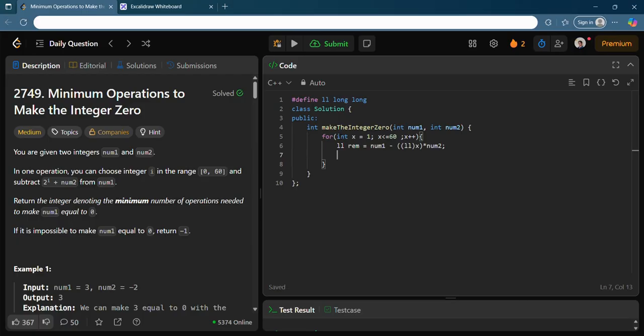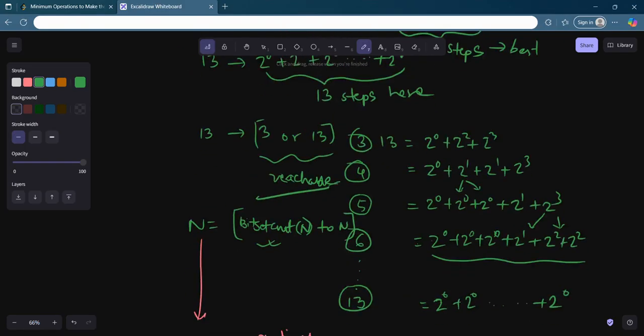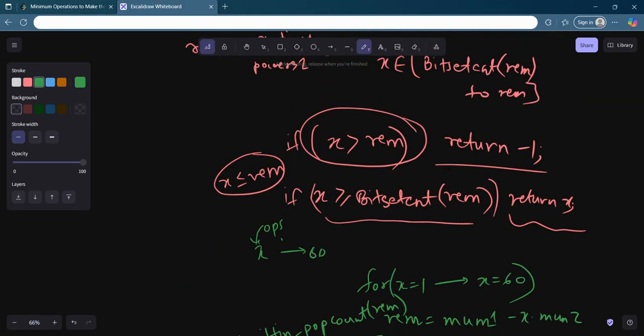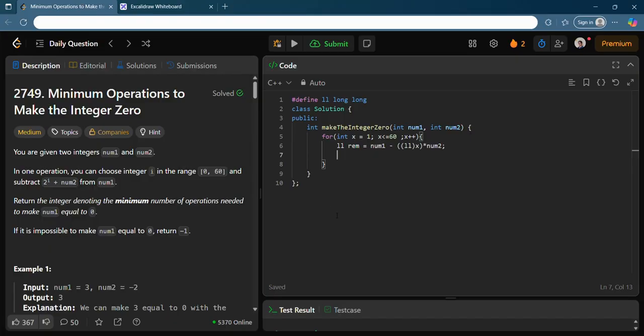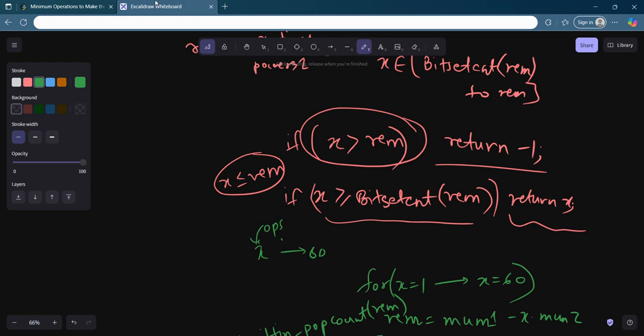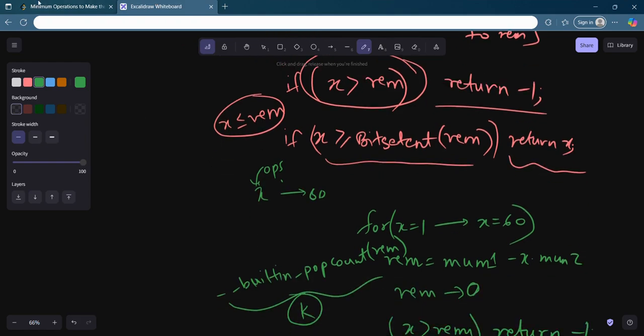Now, for this remaining, what were my conditions? If remaining is so small that it is less than x, you return -1. You don't have any other choice.